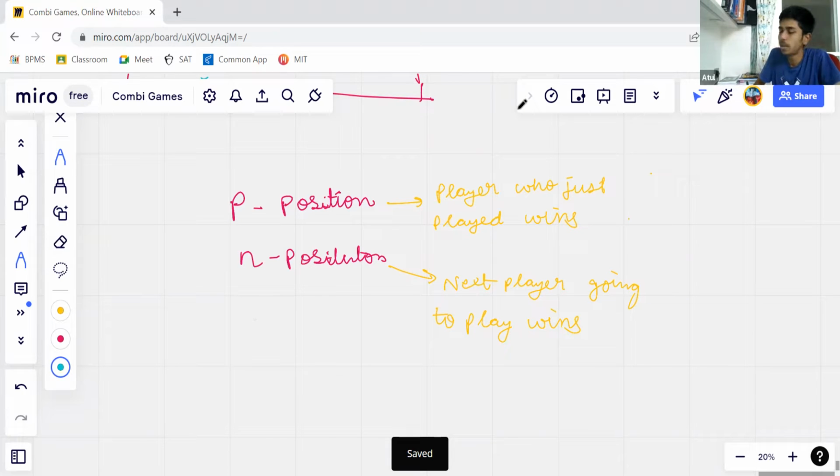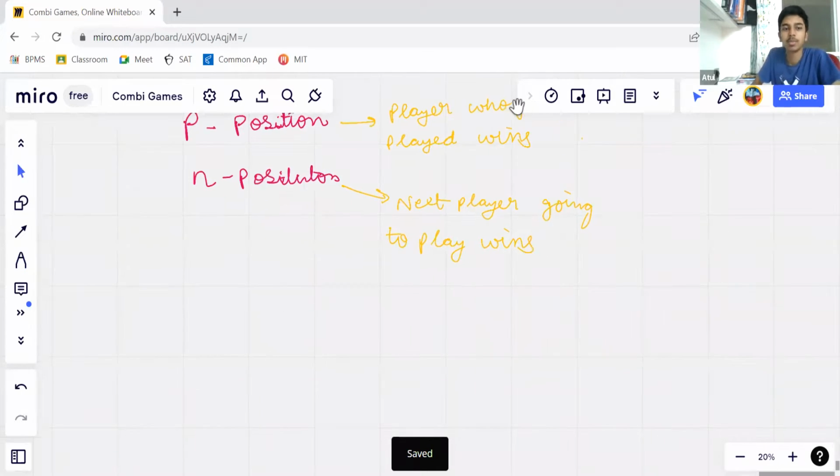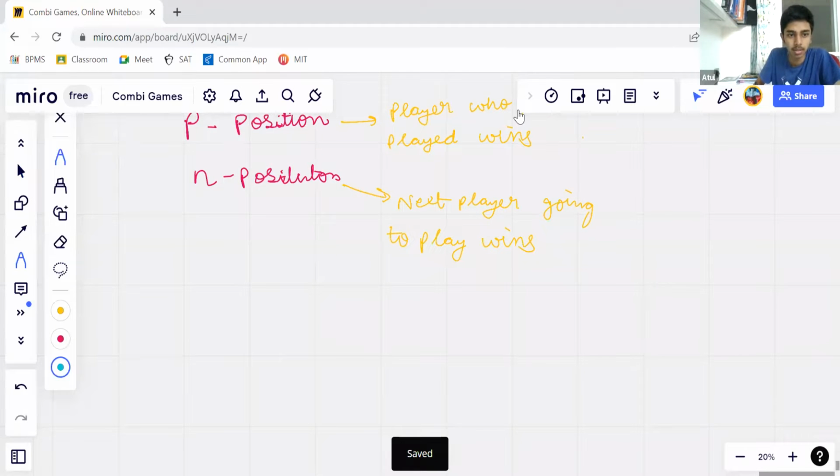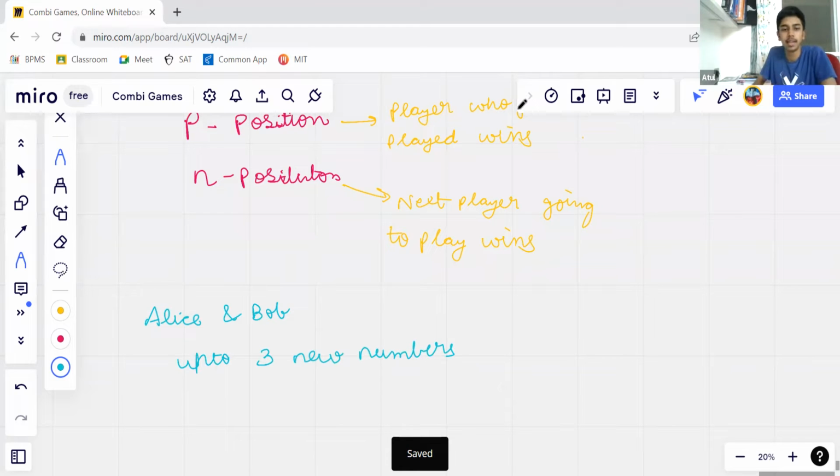So I'll just take a simple example of this. Okay, let's actually begin with this. This is probably famous, but let's do this. There are 2 players, Alice and Bob. On your turn, you can say up to 3 new numbers, and it has to be in ascending order.